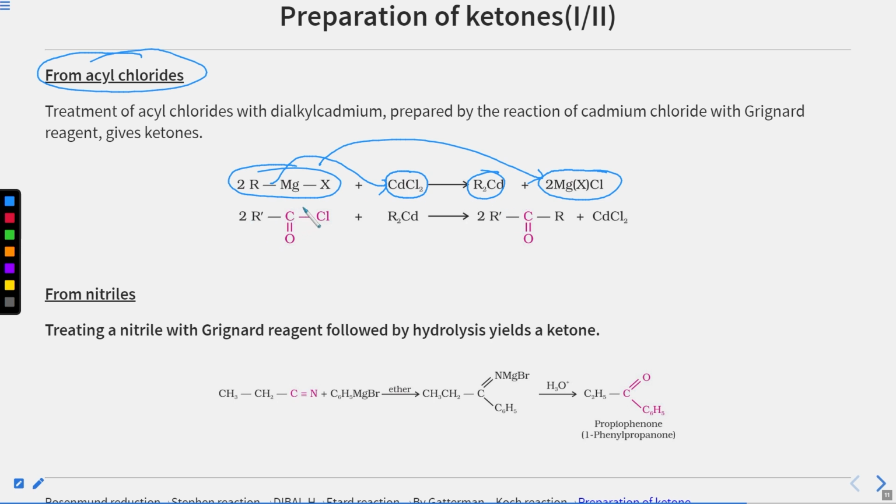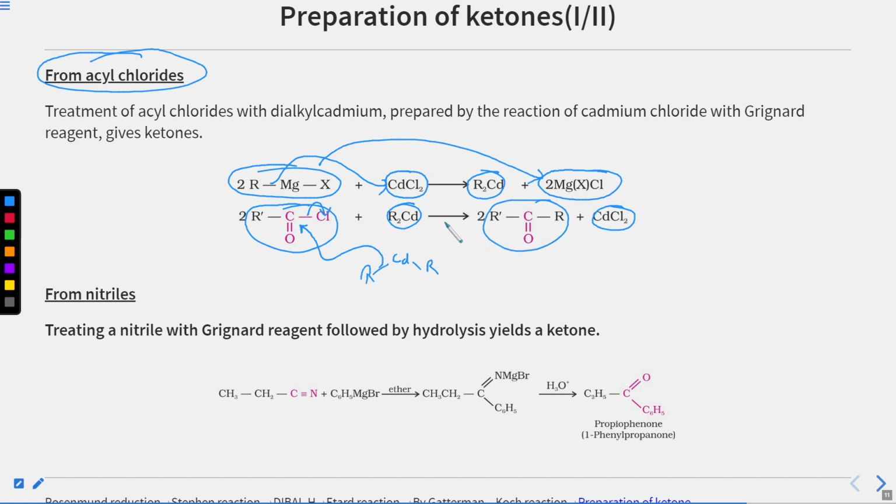Now what happens in the second step? We are here with our acyl chloride. So R2Cd again reacts with this RCOCl to give this ketone plus cadmium chloride. Now in this step we have our Cd and R. This is donated in this way, and it is kicked out to give our final product.